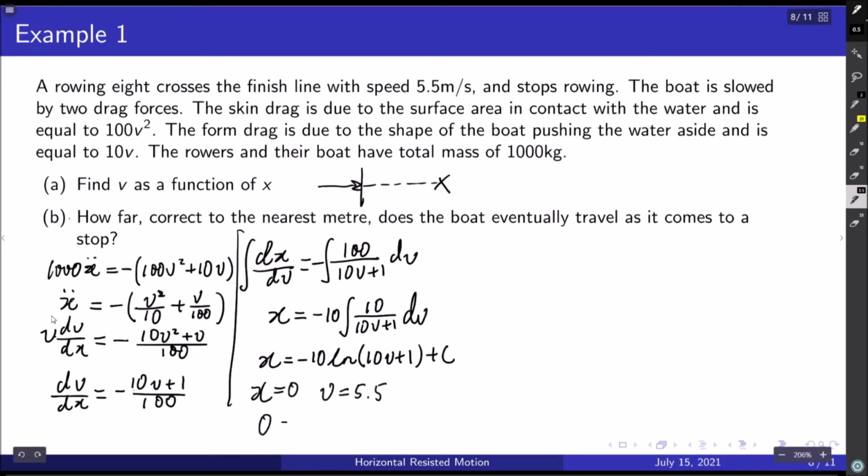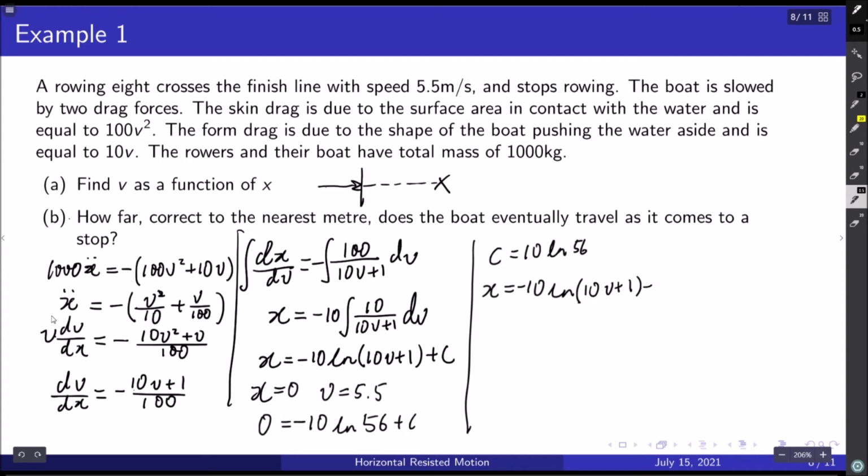So 0 equals negative 10 log (55 plus 1, 56) plus c. So obviously c has to equal 10 log 56. And then substitute everything in: x equals negative 10 log (10v plus 1) plus 10 log 56.